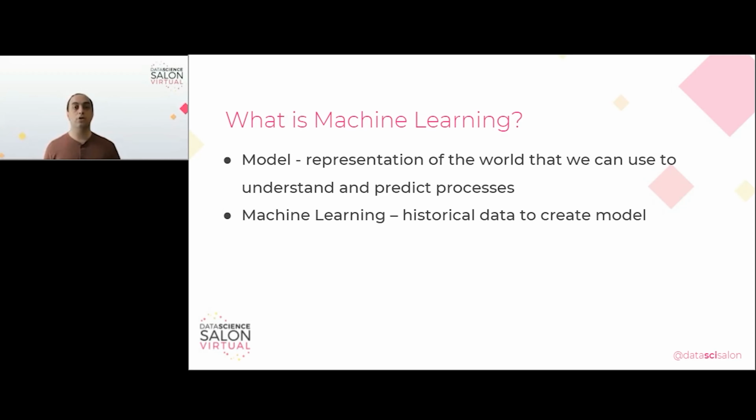Now, if you're using a machine learning model, what you did was you took historical past data, and then you used statistics, probability, maybe some linear algebra or calculus to fit and create this model. Machine learning models are really powerful, in part because they can be complex. They can find the complexity in the data.